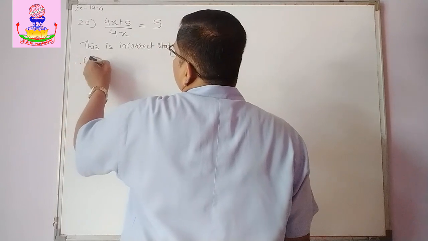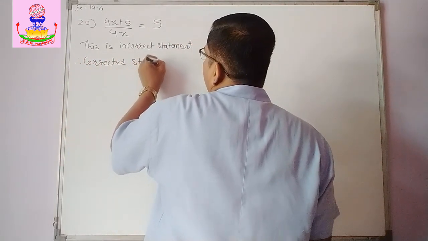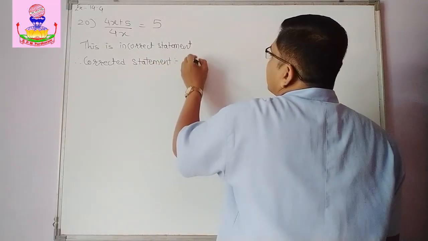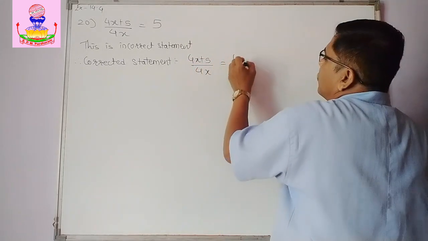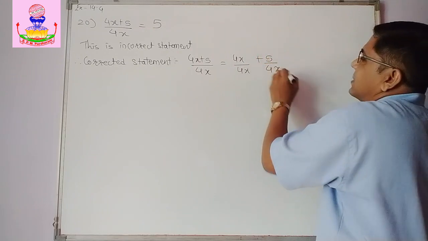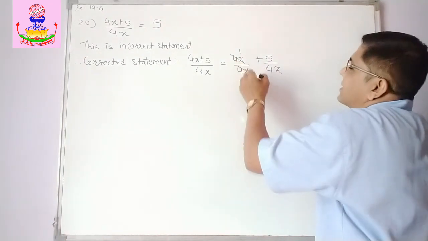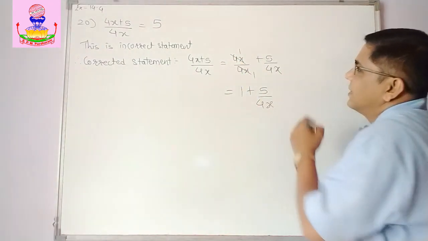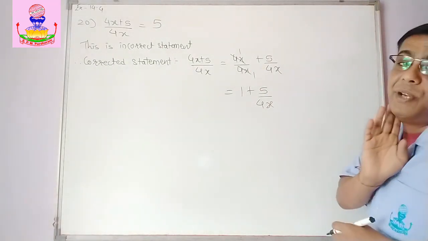So corrected statement: (4x plus 5) upon 4x is equal to 4x upon 4x plus 5 upon 4x. So 4x upon 4x is 1, so 1 plus 5 upon 4x is the correct answer.